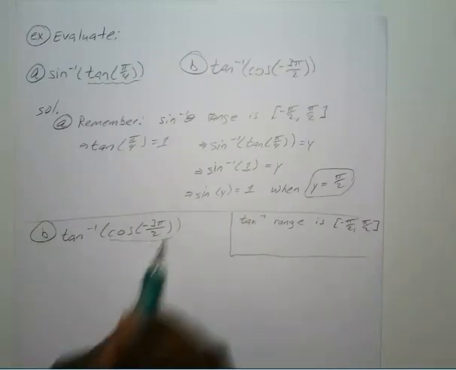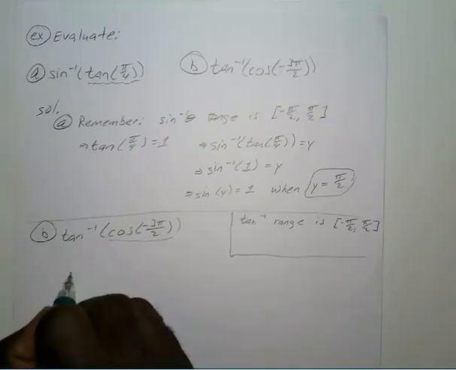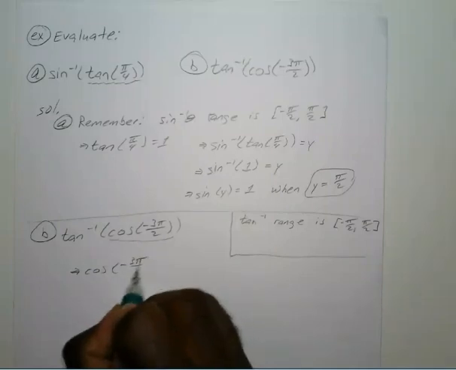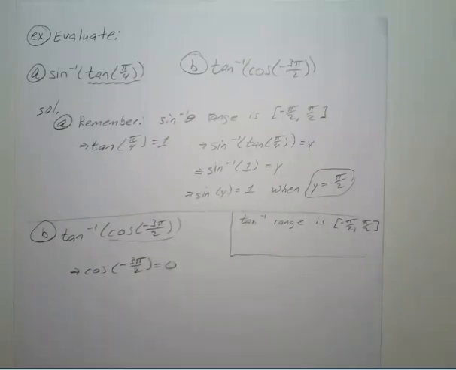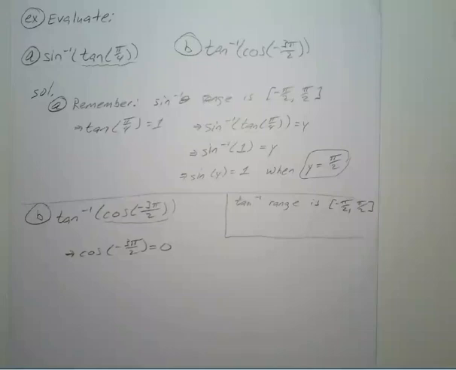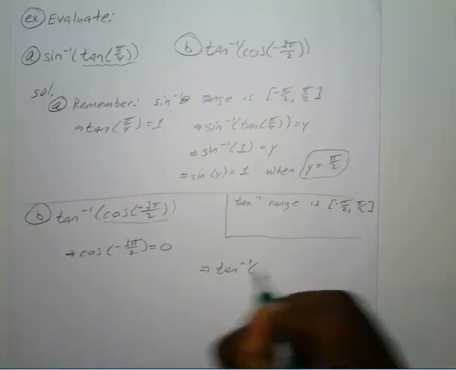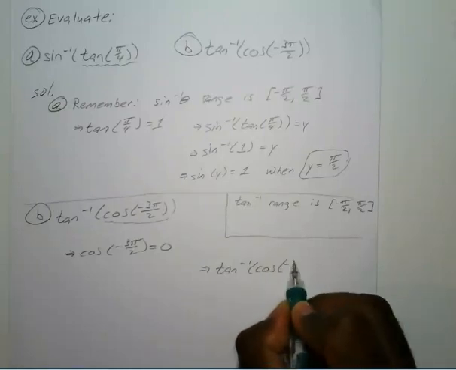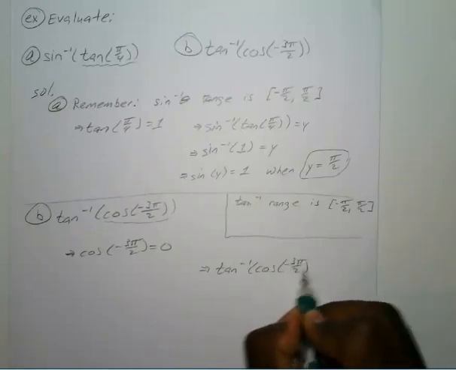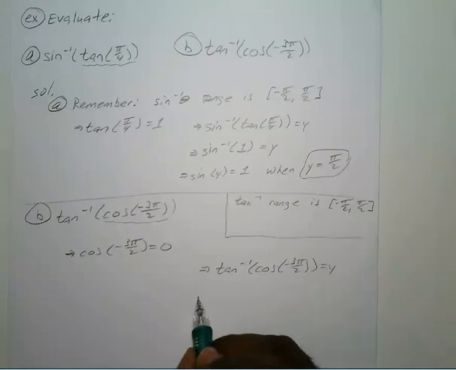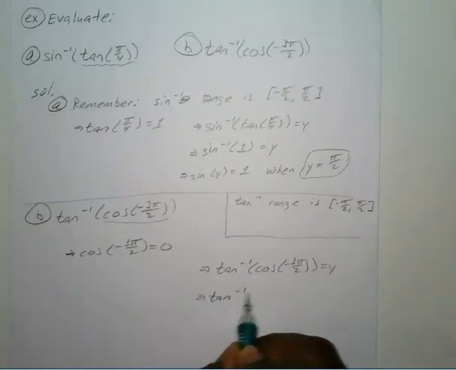If we solve just the inside, we know that cosine of negative 3 pi over 2 is equal to 0. So tangent inverse of cosine of negative 3 pi over 2 equals y is just tangent inverse of 0 is equal to y.